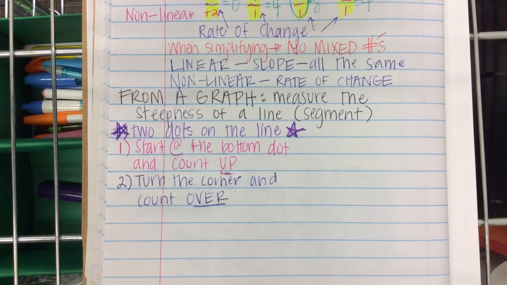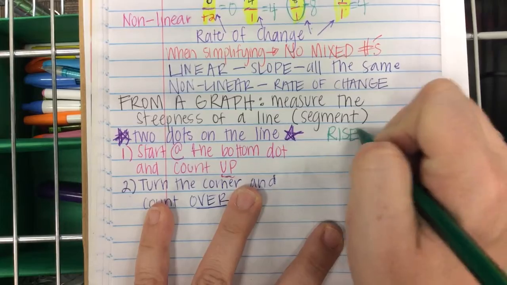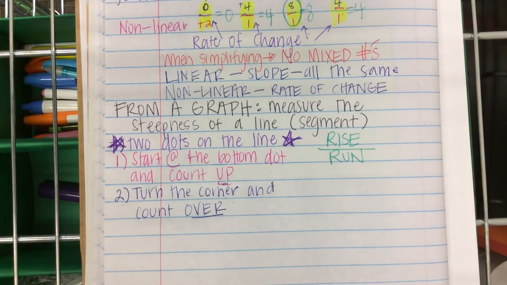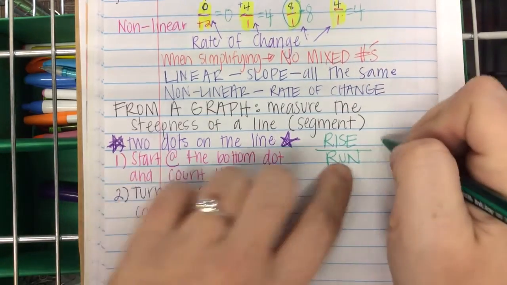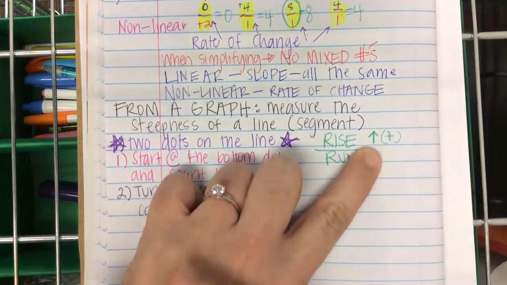Here's the formula. Rise over run. Rise going up is a positive number.